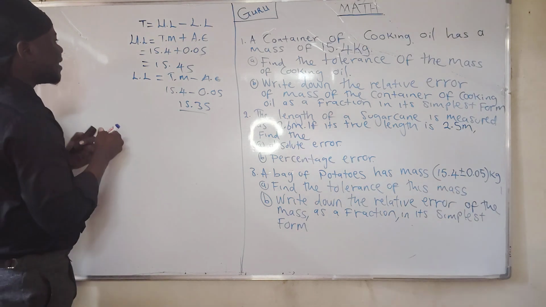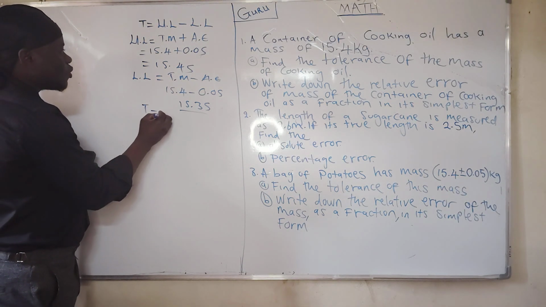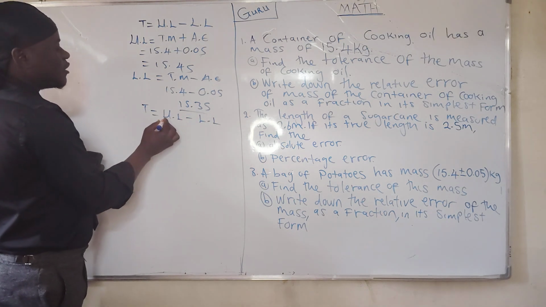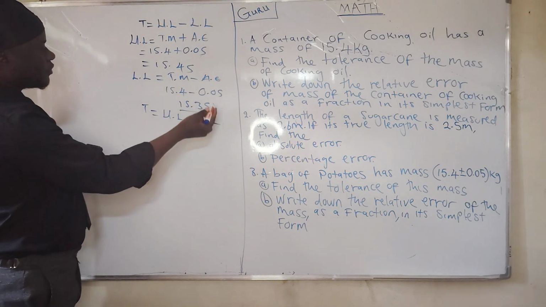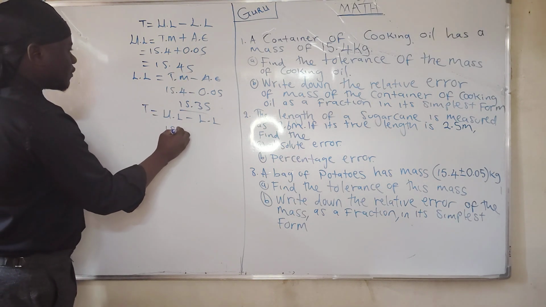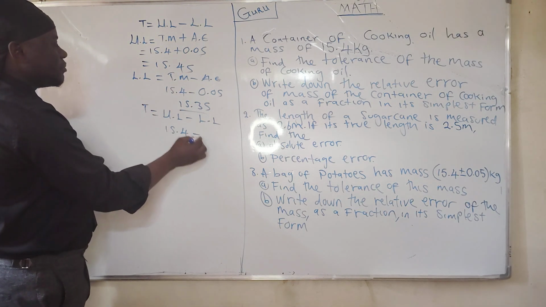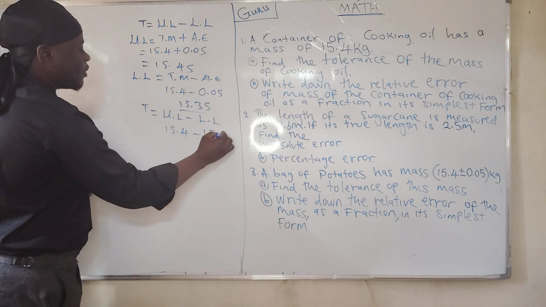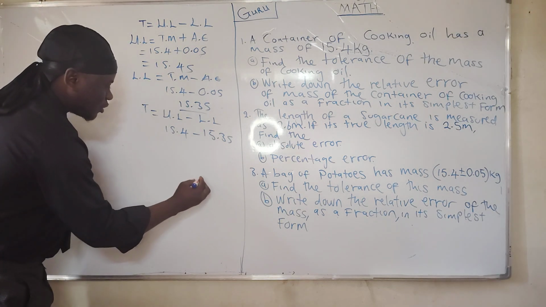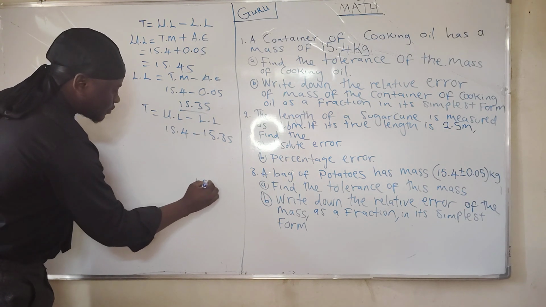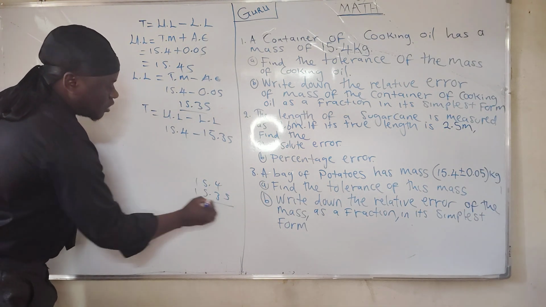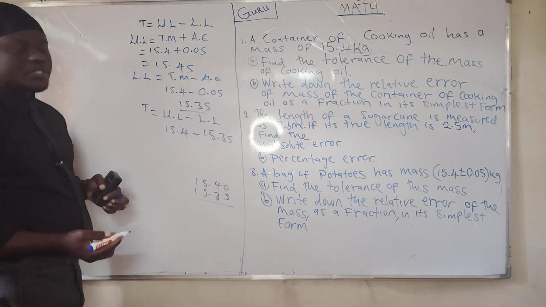The final answer, we want to find the tolerance. We said tolerance is equal to upper limit minus lower limit. So you get upper limit, which is this one, 15.4, minus lower limit, 15.35. Subtract. To subtract again without a calculator, just do this. Very simple. There's nothing here, you put 0.